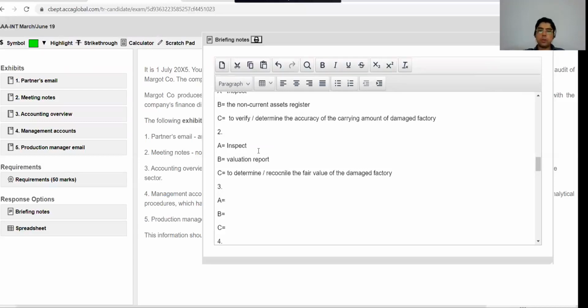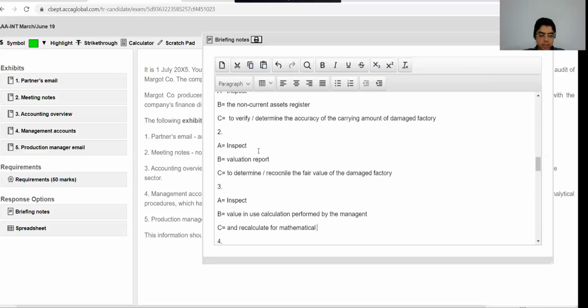Another procedure could be regarding the value in use. You could say inspect the value in use calculation performed by the management and recalculate for mathematical accuracy.